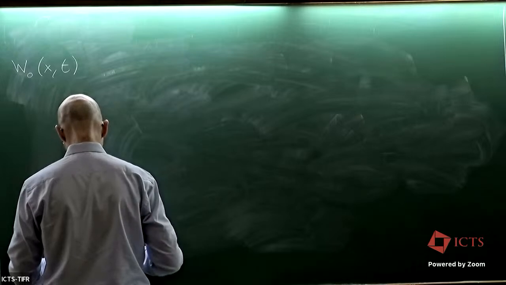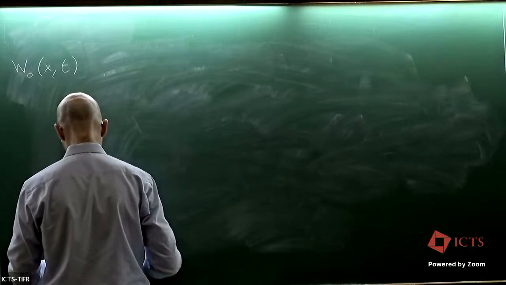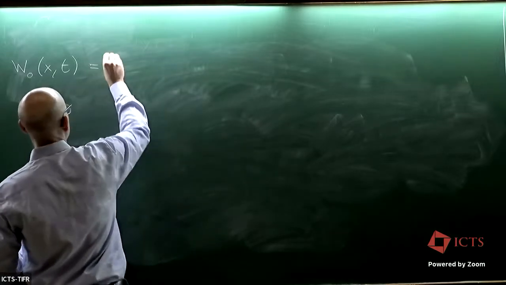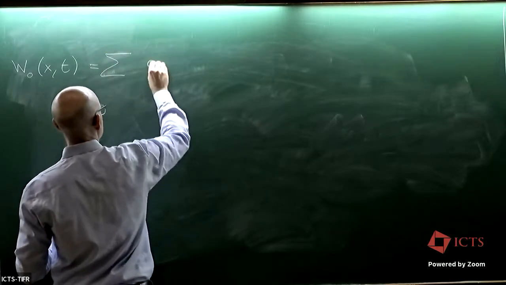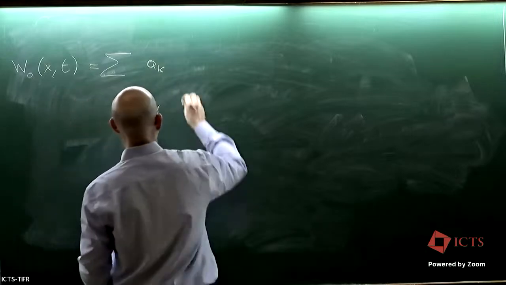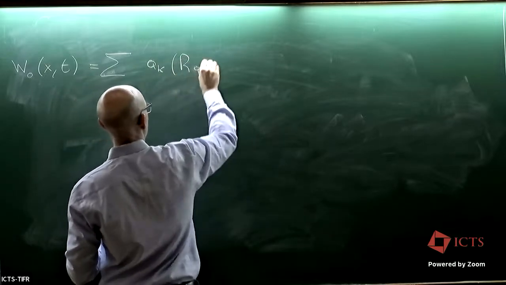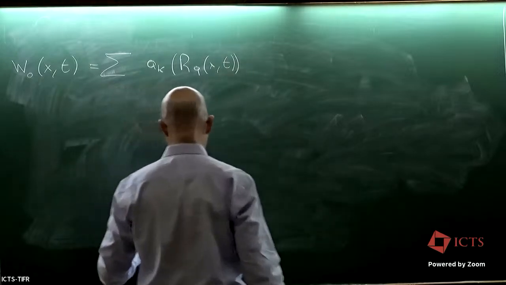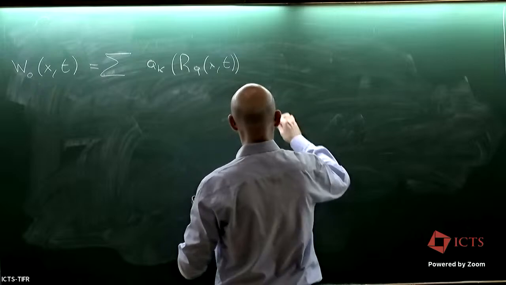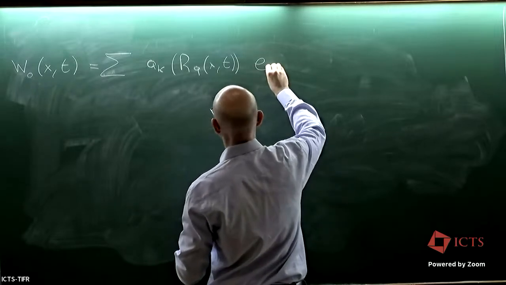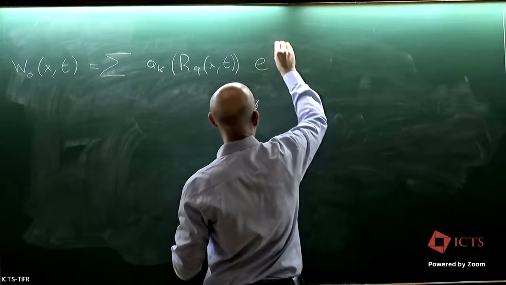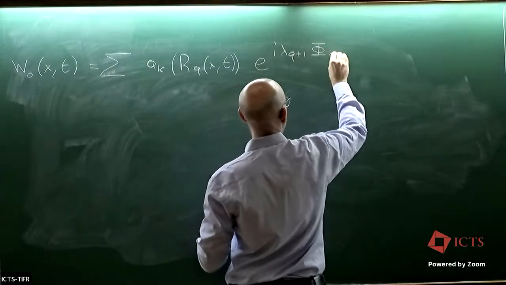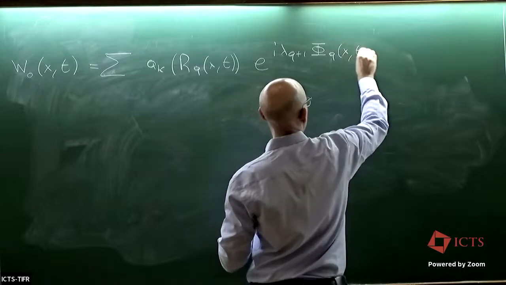What is the somewhat difference? The somewhat difference is that it's going to look like something like this. a_k of RQ of xt, okay, times e to the i lambda q plus 1 phi q of xt.